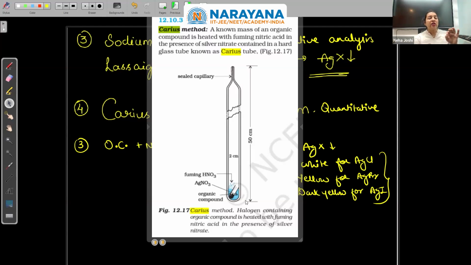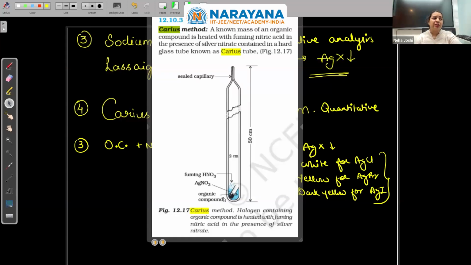We take fuming nitric acid so that it dissolves the organic compound completely and decomposes it, in the presence of silver nitrate, contained in a hard glass tube known as the Carius tube, like this. Inside this, in the small fusion tube, we have kept the organic compound, and fuming HNO3 we are adding.